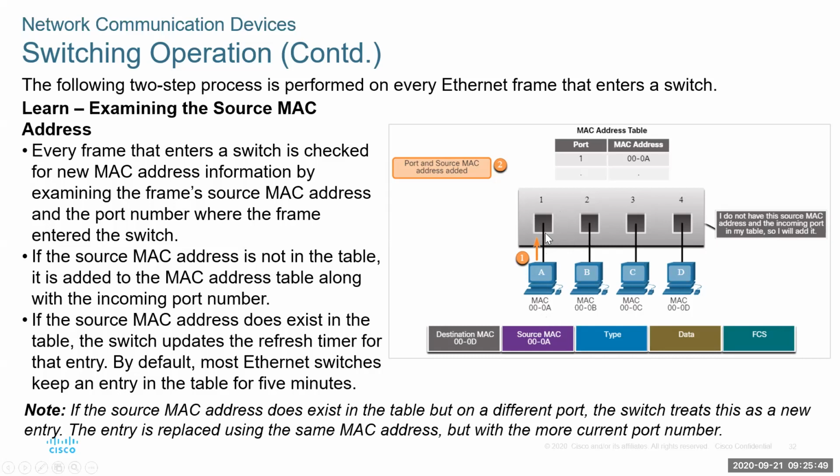It should say I don't have that, and start dropping those packets or returning them to the sender. So typically there is a refresh timer on those entries, and most Ethernet switches keep that to about 5 minutes. You want this to be as short as possible, but not too short, in order to keep that MAC address fresh.